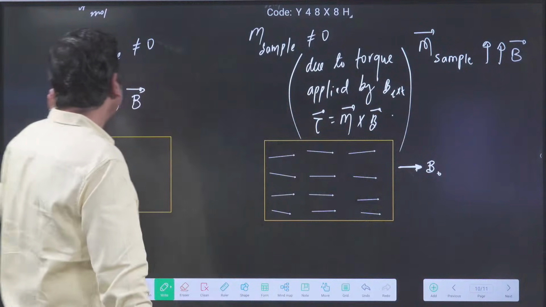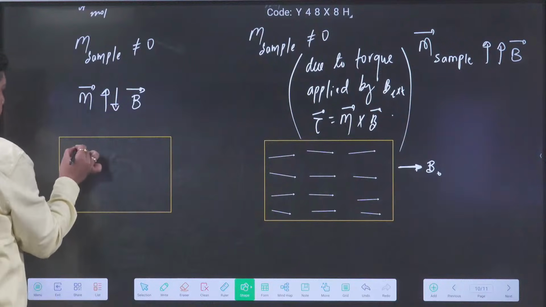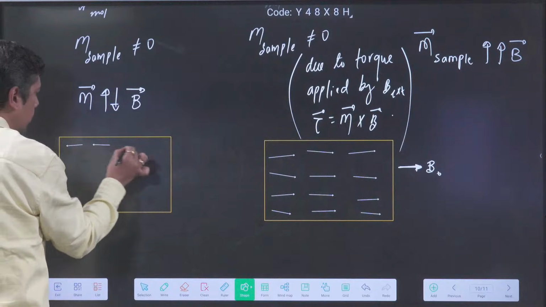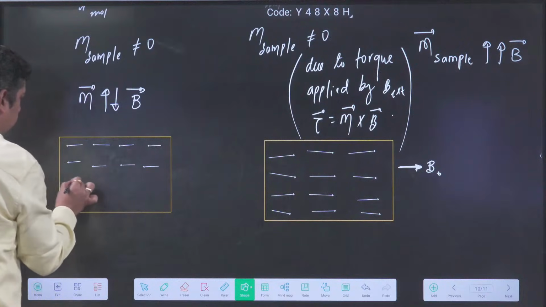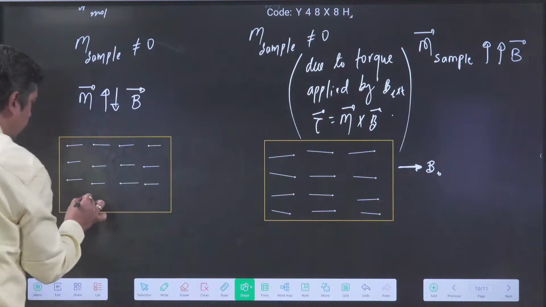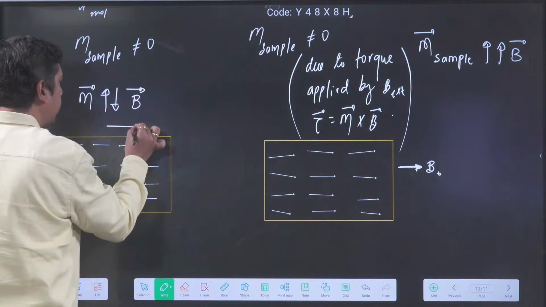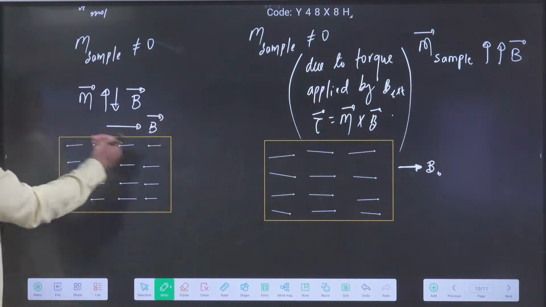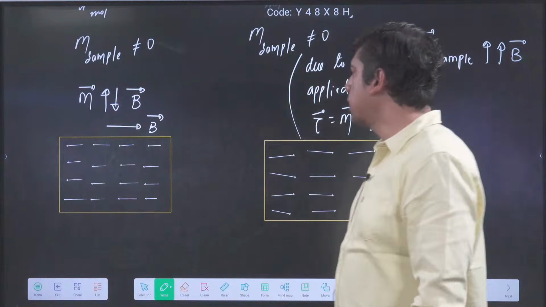In paramagnetic, it is the same as a polar molecule. Here m sample is in the opposite direction. That means if the B vector is to the right side, then m sample, you can see, is to the left side.